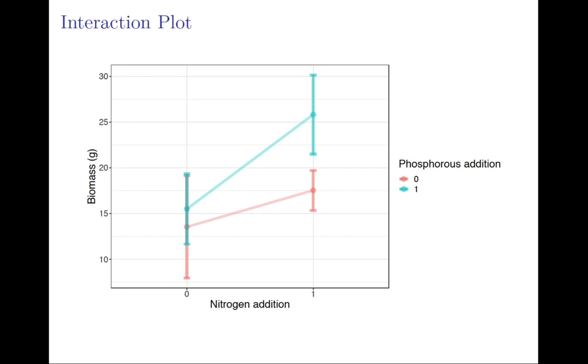But you can see these lines diverge for when you have nitrogen additions, and then if you have phosphorus in the blue, then you get a much higher response than if you have no phosphorus. So you can see you really need to interpret this graph with the interaction in mind. Just saying nitrogen addition wouldn't really make any sense because that would be like lumping that nitrogen addition 1 column, but you can see it really depends on if you have phosphorus or not.